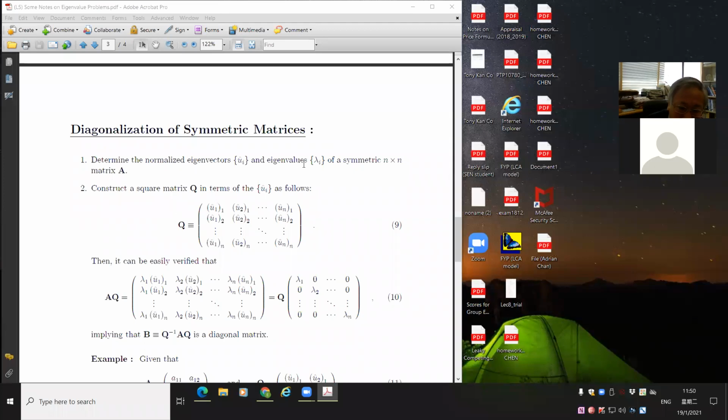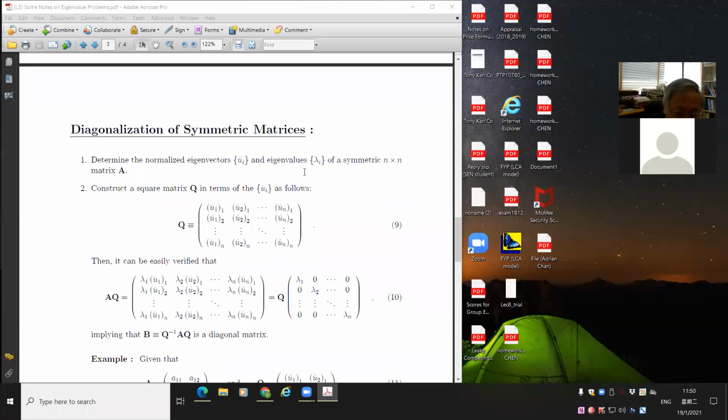So first of all, what we need to do is to solve the eigenvalue equation associated with this symmetric n by n matrix. We are going to find all the eigenvalues. In this case, we will have n eigenvalues and also n eigenvectors, the n non-trivial solutions.